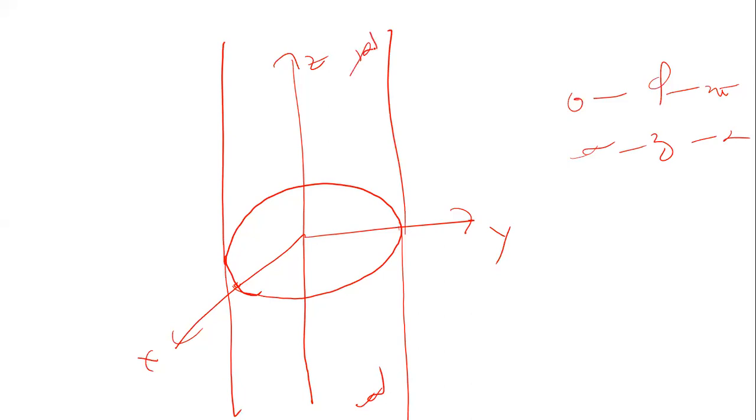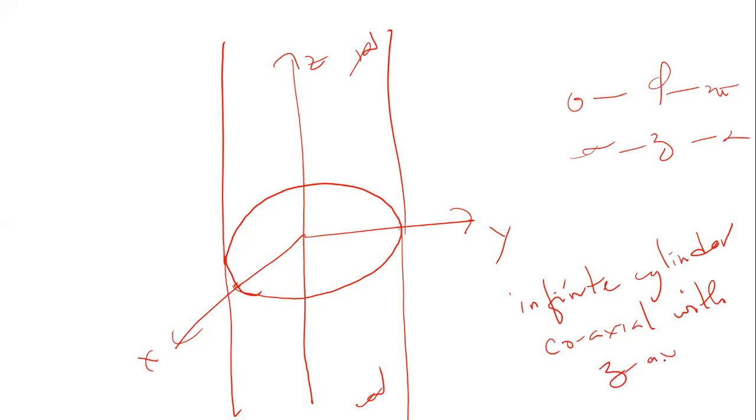So you will trace out an infinite cylinder, which is coaxial with the z-axis. See, the z-axis is at the axis of this infinite cylinder, right? And that is when you fix the value of rho.